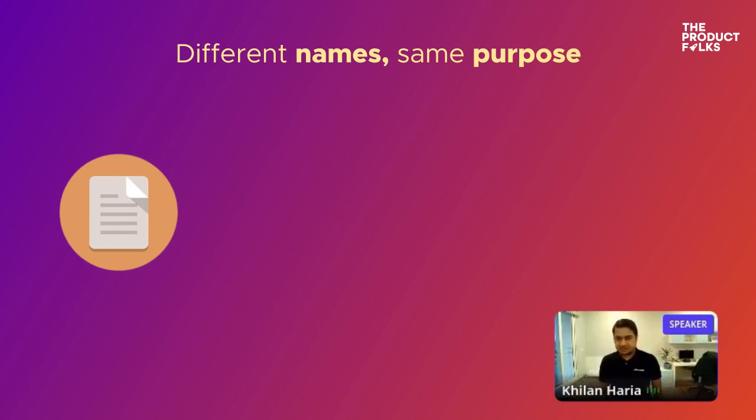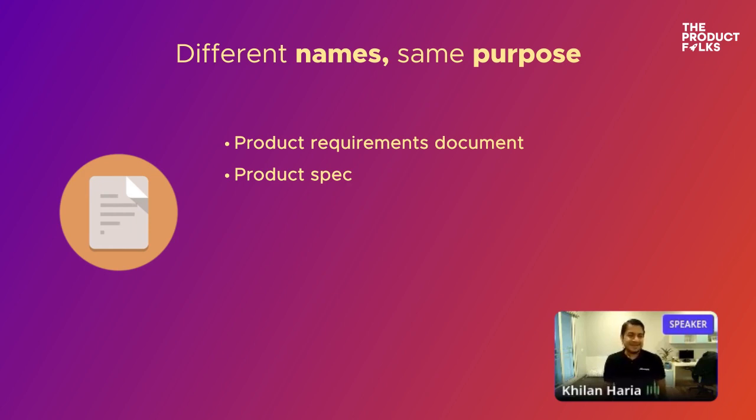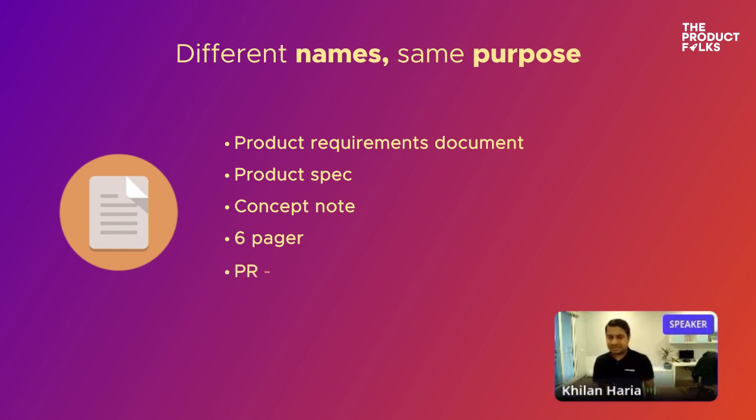PRD is of course the oldest and the most traditional form. Product spec is what I've seen a lot of internet companies call it. Concept note is something we started doing I think 6-7 years back in multiple forums, and I think I've seen some companies pick that as well. 6-pager is Amazon's way of doing similar things. A lot of companies I know have adopted it. PRFAQ is again Amazon's.